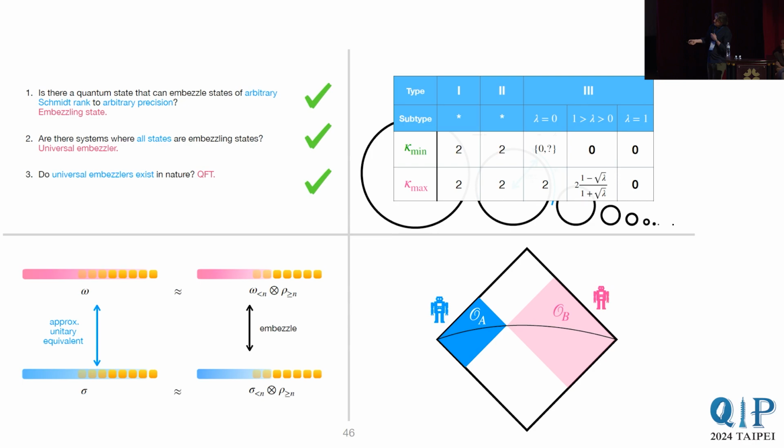I also tried to convince you that in the setting of spin chains or hyperfinite von Neumann algebras, it's relatively easy to understand why universal embezzlement corresponds to this type III property. And using this, you can actually find these universal embezzlers in nature by using this bipartite setting in quantum field theory.